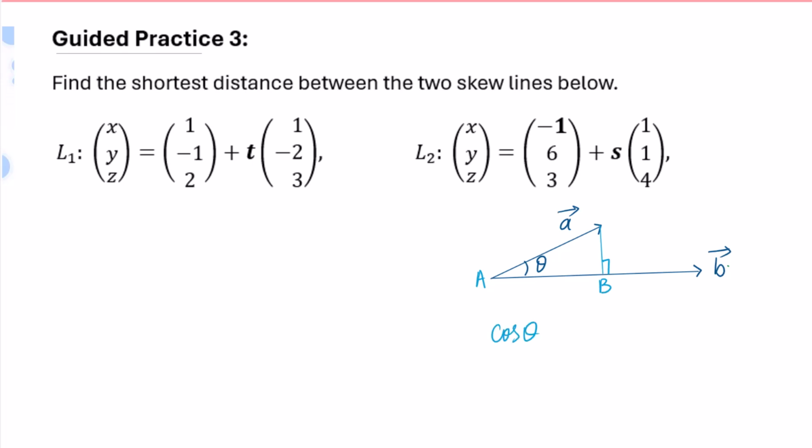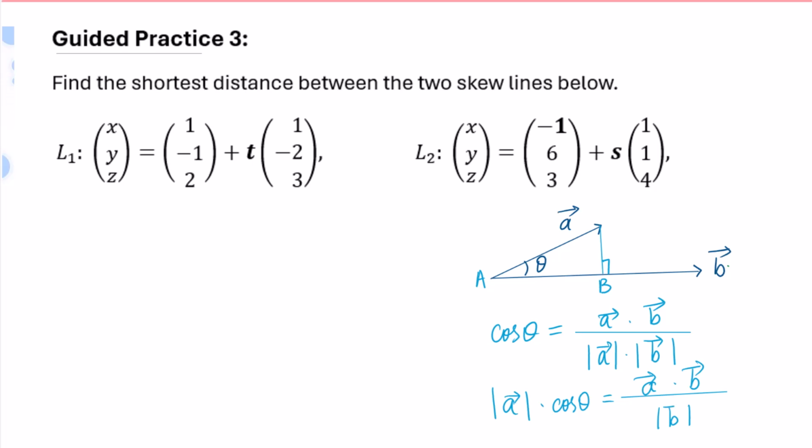We do know cosine theta equals vector A dot vector B all over absolute value of vector A times absolute value of vector B. Both sides times absolute value of vector A, we get absolute value of vector A times cosine theta equals vector A dot vector B all over absolute value of vector B. From this right triangle, we could say AB equals absolute value of vector A times cosine theta.